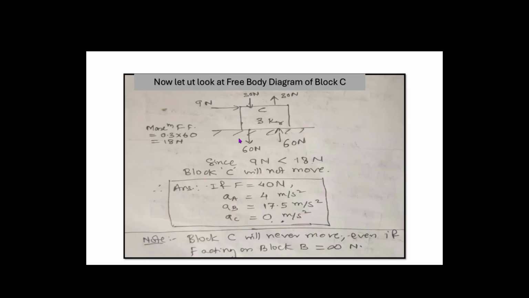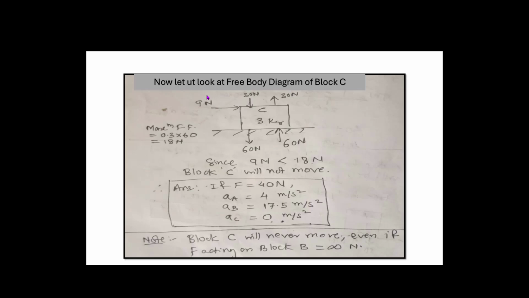So you will have to look at this here, block C, right? So 18 Newton will be the maximum frictional force, right? So the 9 Newton will not be able to overcome this 18 Newton, and hence block C cannot move under that force of 40 Newton getting applied on block B.